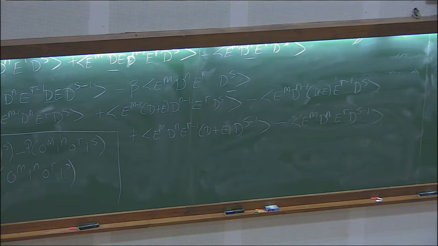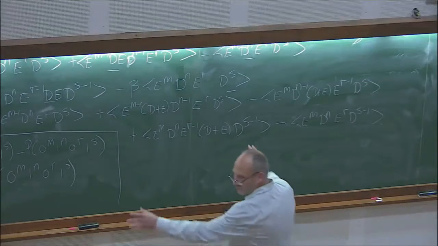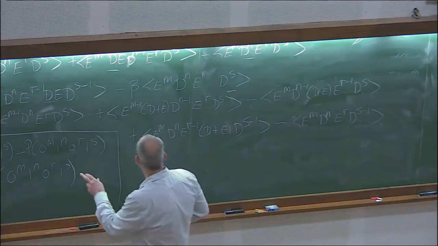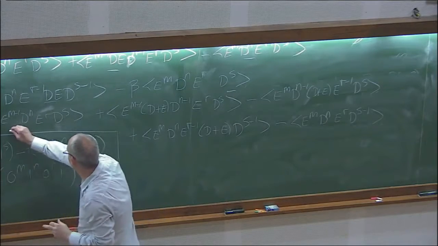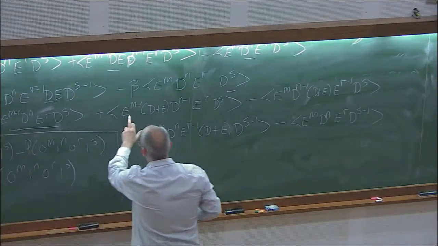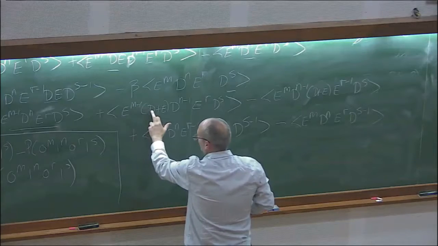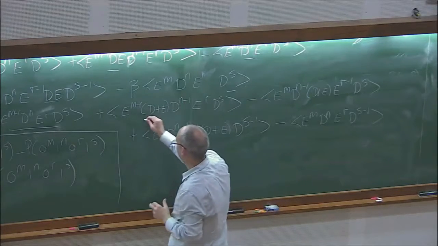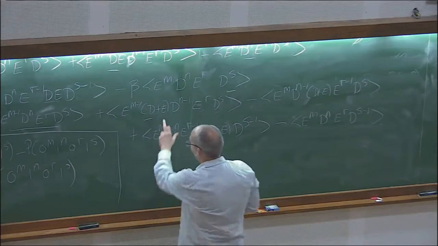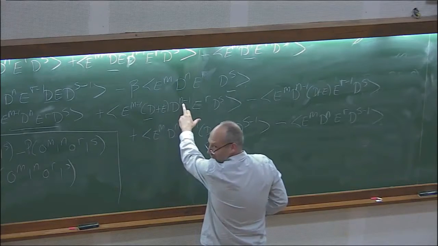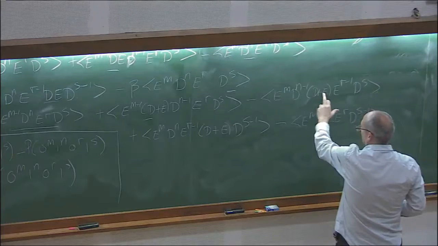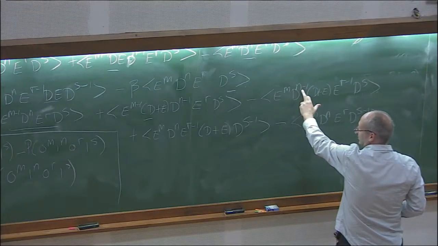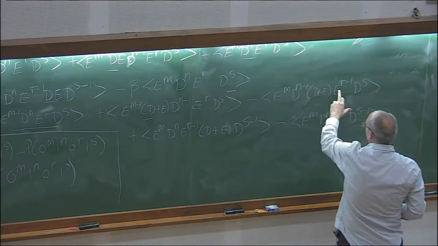I've got this bunch of terms, and I can see m minus 1 n r s with a minus. This one will be m minus 1 n r s, so it cancels with that one. This one, I've got m n minus 1 r s. That's going to cancel with that, which will be m n minus 1, with the E r s.